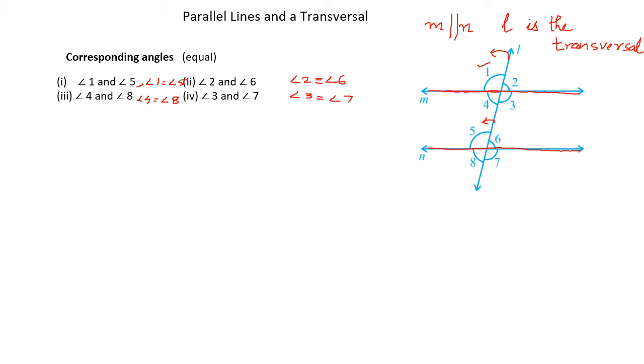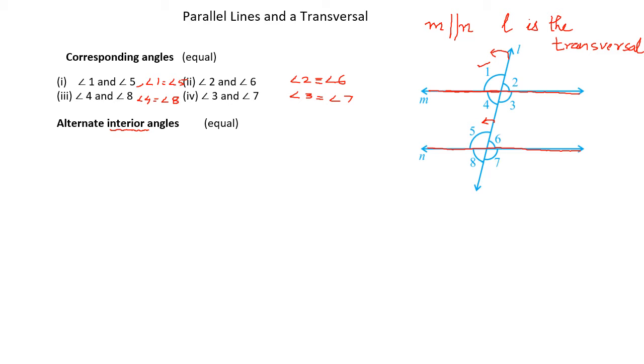Now, the second pair of angles that we are going to learn is alternate interior angles. Alternate means this side and that side, alternate. Interior, I'm giving the word alternate interior. Interior means what? Interior design and all you hear. Interior means inside. Yes.